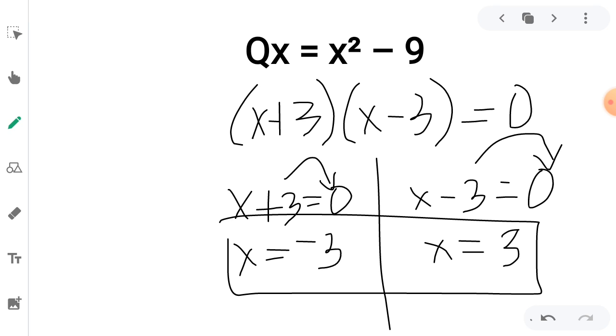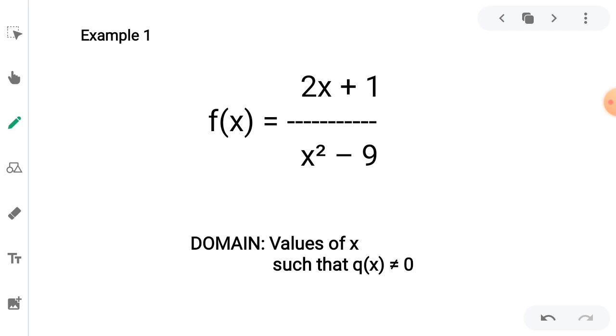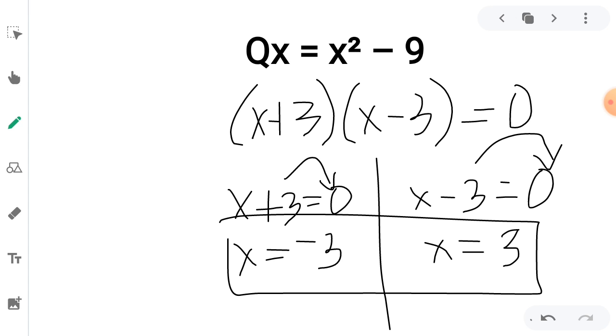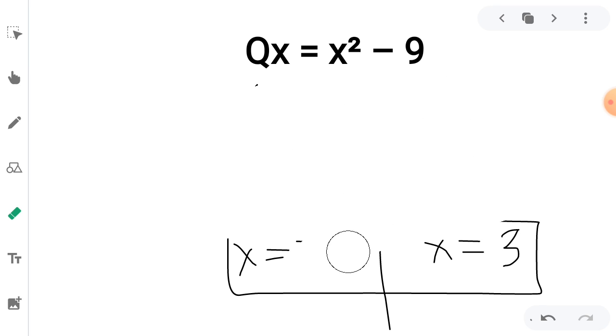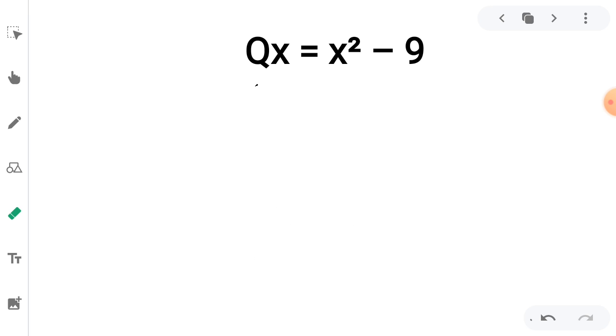So again, the values of x in our denominator are x equal to negative 3 and x equal to positive 3. So the domain in this problem is all real numbers except positive 3 and negative 3.